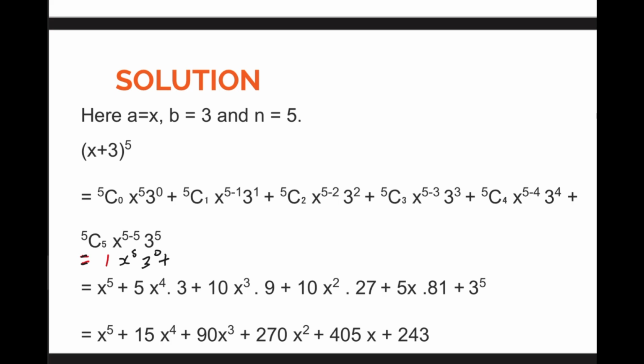5 choose 1. We know that was 5. So let's write the coefficients here. That's 5. And then x to the 5 minus 1 is 4. Then 3 to the 1, and that will just become 3.